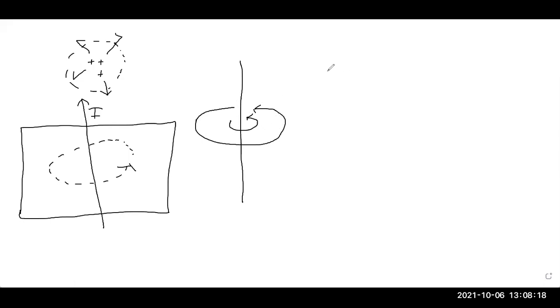So this is Ampere's law in a nutshell. The integral of the magnetic field along a path is equal to mu naught, just the constant for magnetism, times the enclosed current.